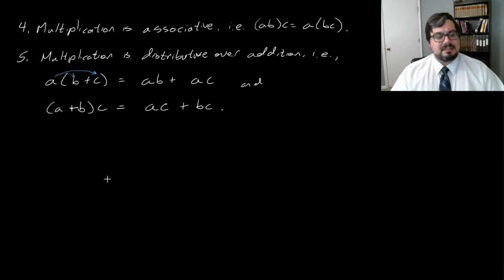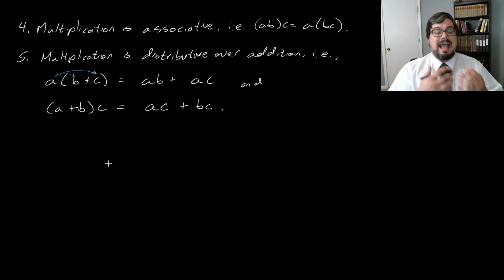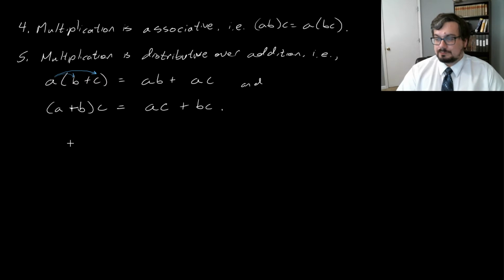Now, in finishing up this definition, I want to give a couple of terms that we use to describe rings that have some additional properties. So when we had a group that had an operation that was commutative, we called it an abelian group. We're going to have some similar adjectives that we can attach to rings to describe various properties that they have with regards to these various operations.